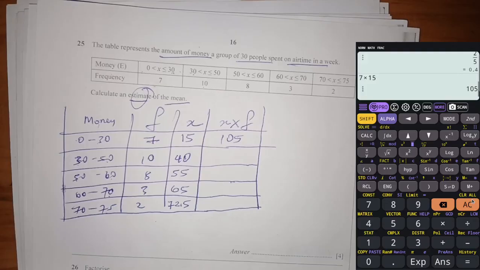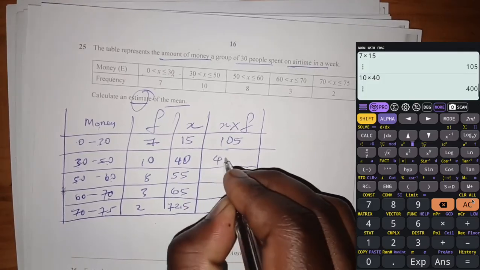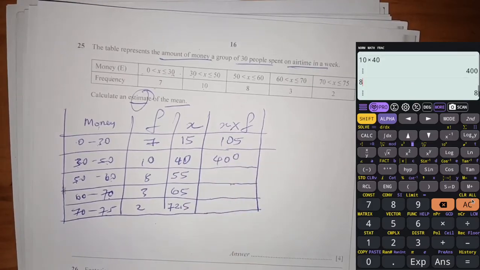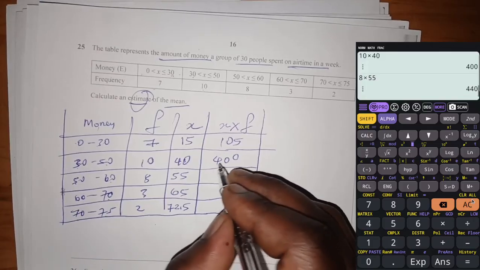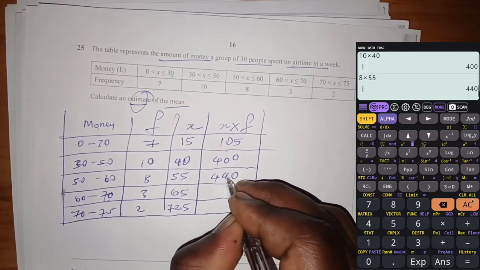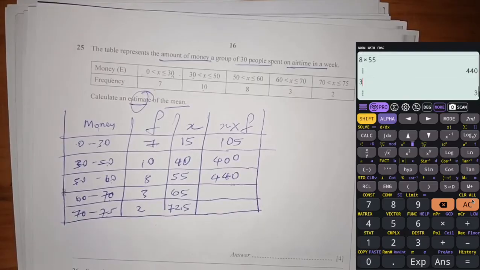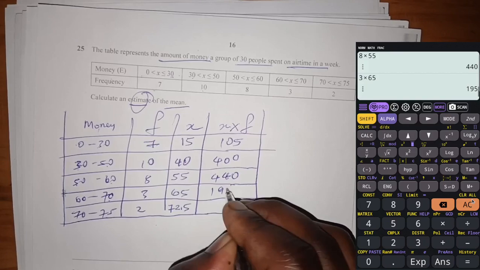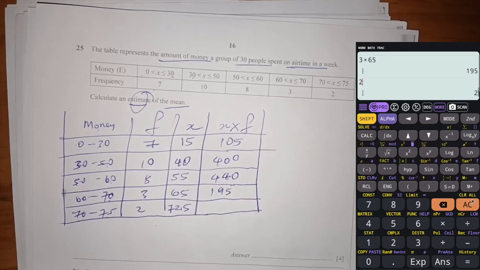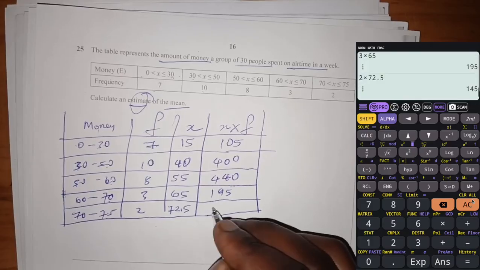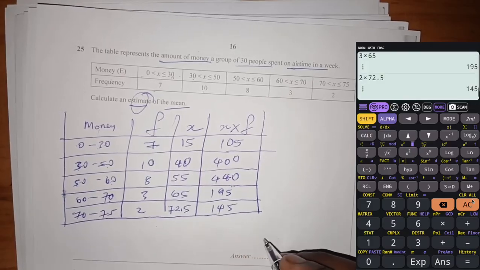The next one is 10 times 40, that's 400. Now the next one is 8 times 55, and it's giving me 440. The next one is 3 multiplied by 65, it's giving me 195. And the last one is 2 times 72.5. The answer is 145.